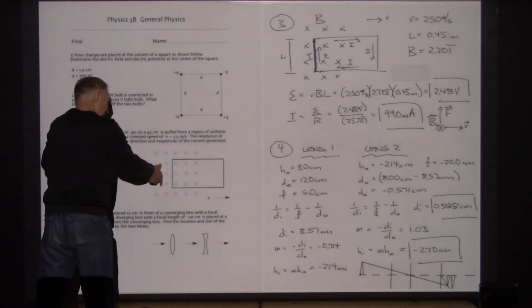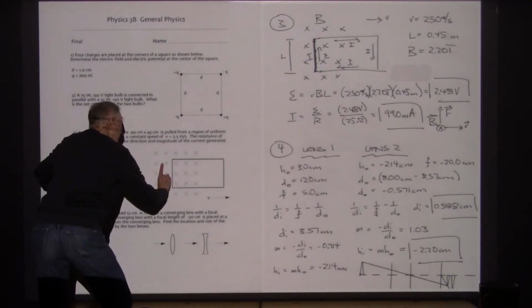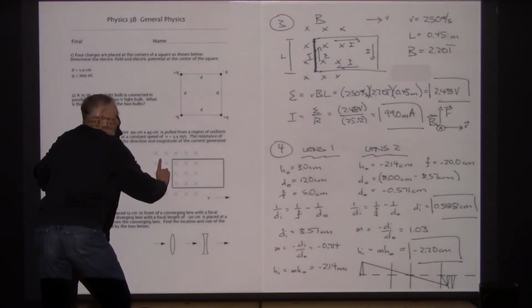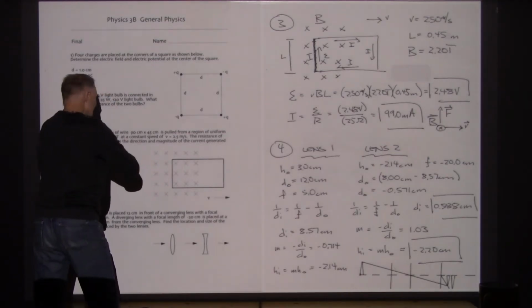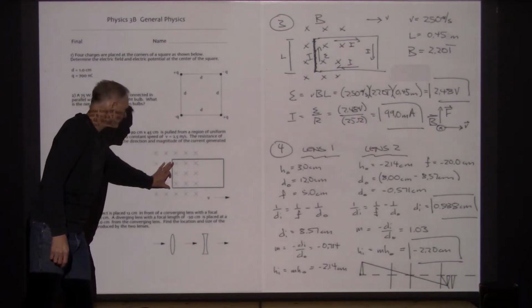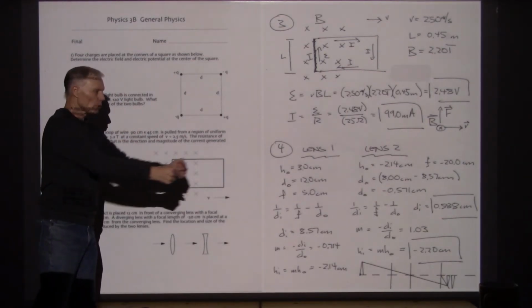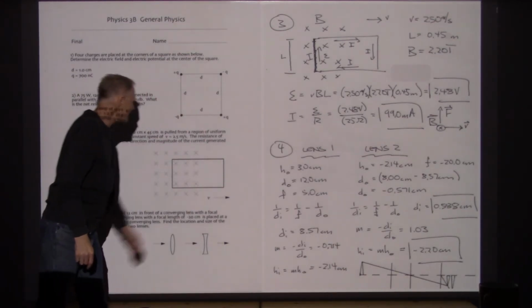When this edge goes into the magnetic field, that's going to start generating an EMF in that direction that we just outlined. And since there's an EMF here and it's not being opposed anywhere, when it first enters the magnetic field region, we're going to have a current going in this direction due to the EMF in the leading part.